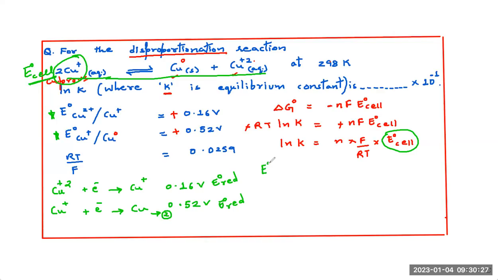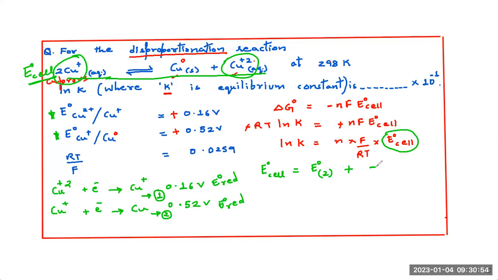So when I want to find E naught cell from these two equations, I will say E naught of the second equation as it is, no change, plus. Second thing I want is cupric. Cupric is in the first equation. I want 1 and I have 1 only over here. But I want it on the right hand side and it is given on the left hand side in equation 1.